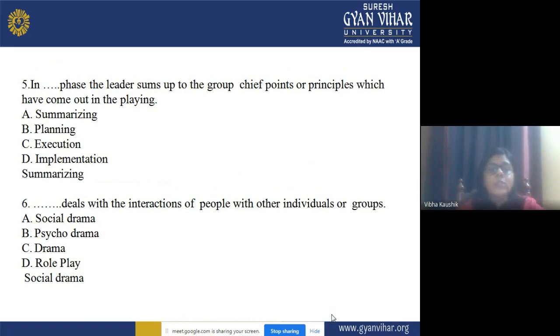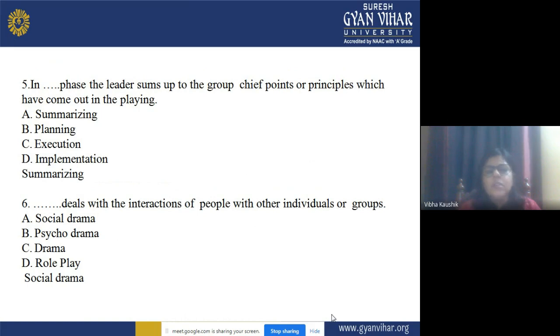Now question 6: dash deals with the interaction of people, how they are interacting with other individuals or groups. Options are A. Social drama, B. Psychodrama, C. Drama, D. Role play.